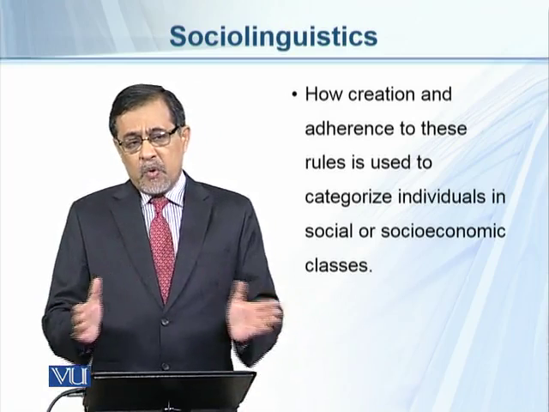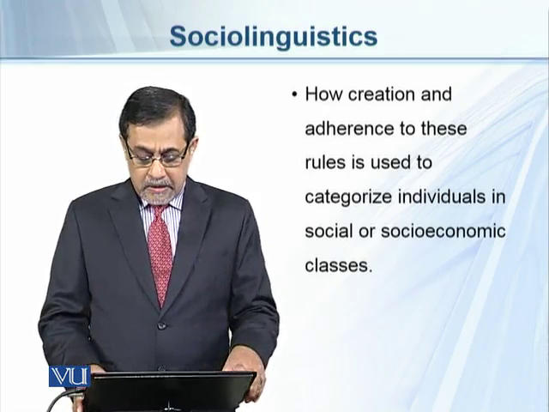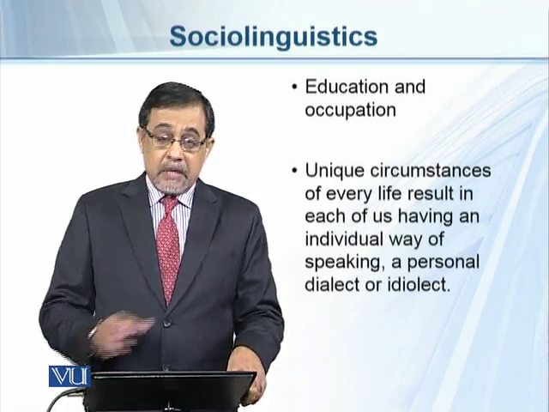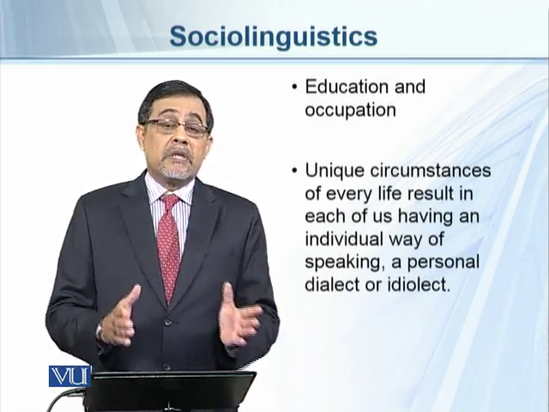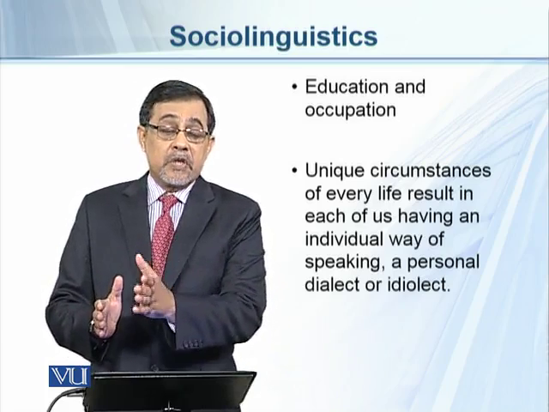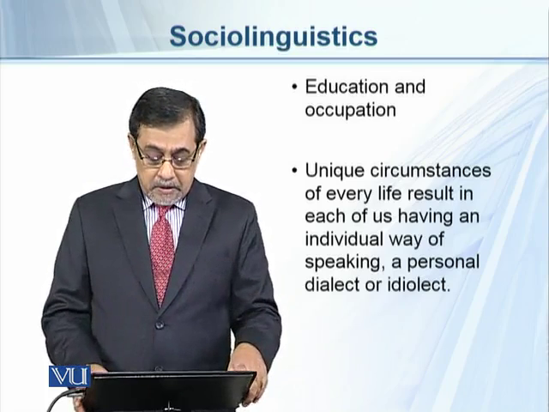So they form their own groups of linguistic identity. Education and occupation, as I told you, people in certain occupations have certain types of linguistic groups. So they use language different from each other.